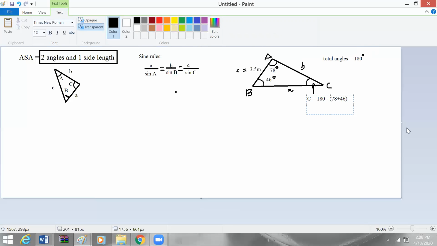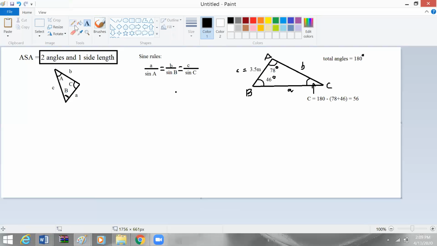We can compute that on the calculator, and the answer is 56 degrees. So this is what we have.